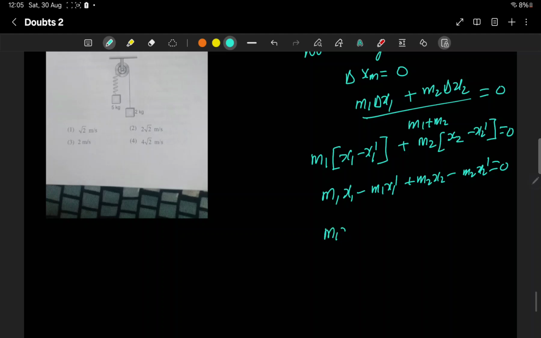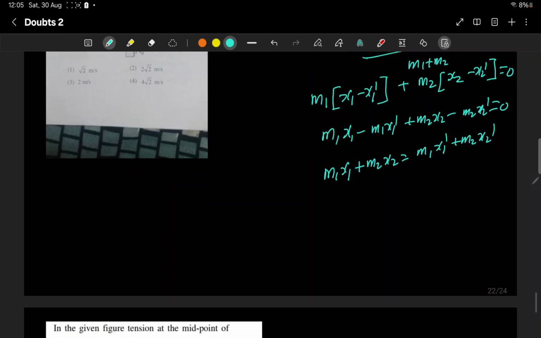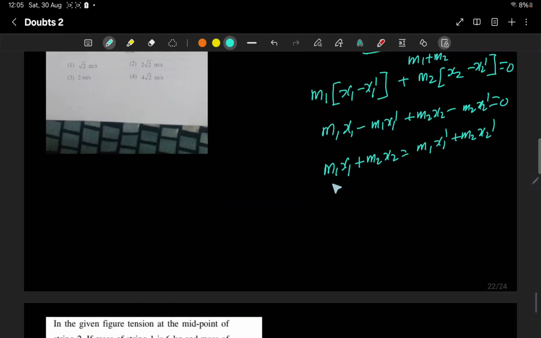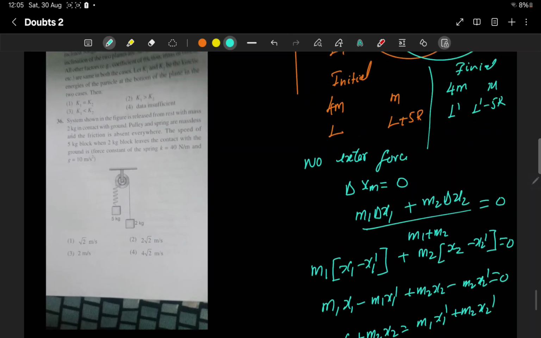Now all the negatives we can bring to the right side: m1 x1 plus m2 x2 will be equal to m1 x1 prime plus m2 x2 prime. Now we can apply the values. I am considering m1 as the bigger sphere, so its mass is 4m, and its initial position is L. The smaller sphere's initial position is L plus 5R, so x2 is L plus 5R.